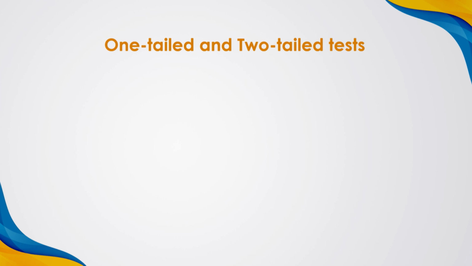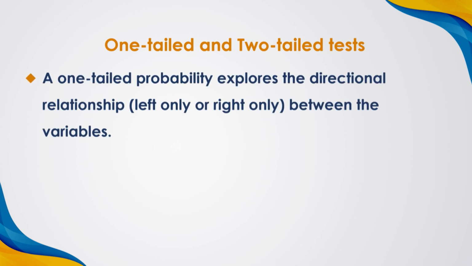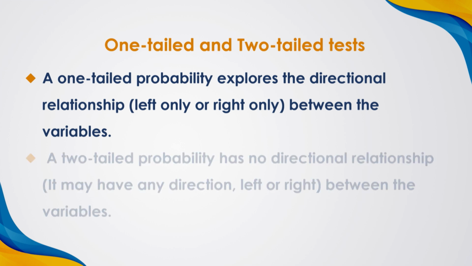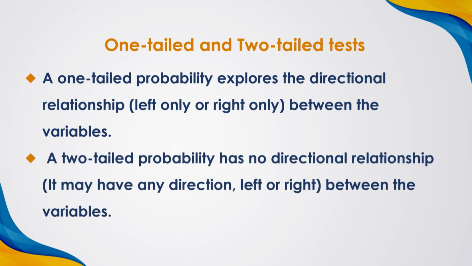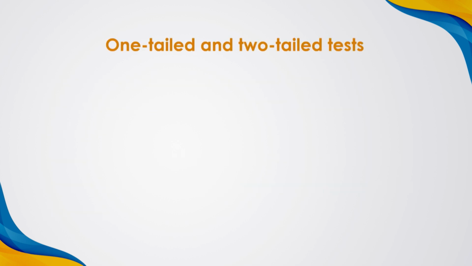One-tailed and two-tailed tests. A one-tailed probability explores the directional relationship, left only or right only, between the variables. A two-tailed probability has no directional relationship. It may have any direction, left or right, between the variables.